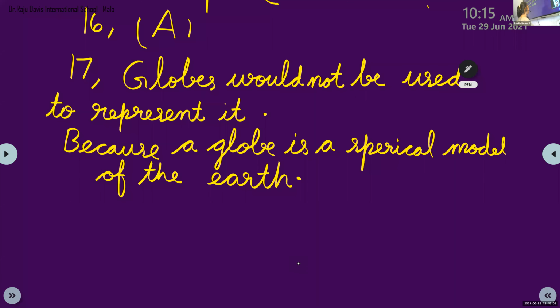Don't worry, I'll be sending the notes after the discussion. By evening I'll send the notes through WhatsApp. Globes would not be used to represent it because a globe is a spherical model of the earth.